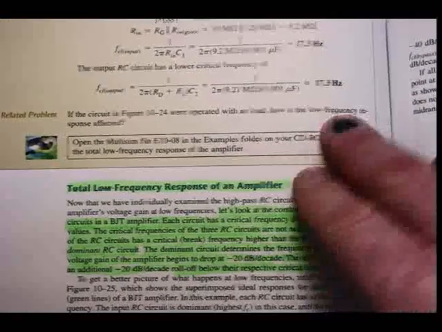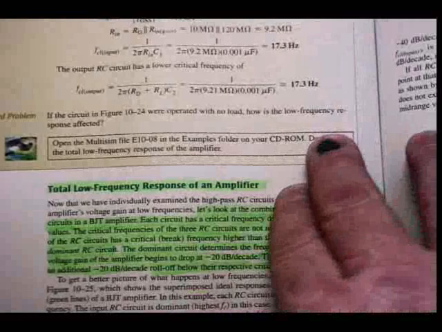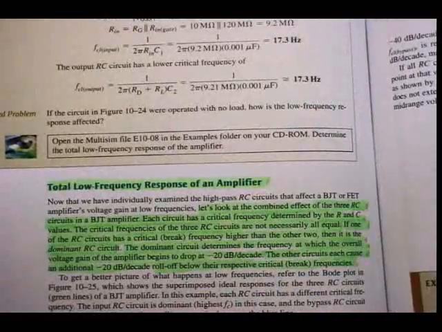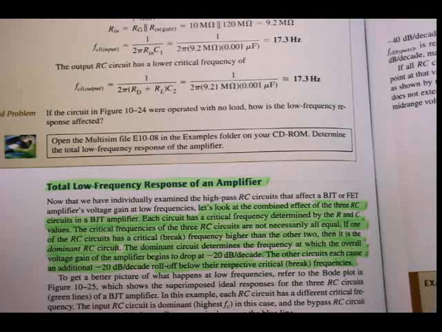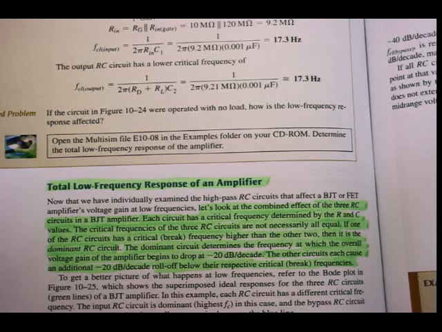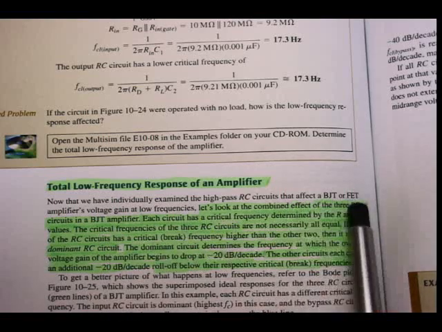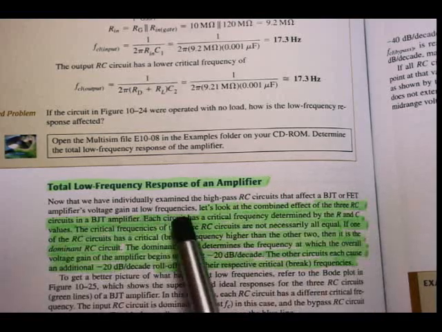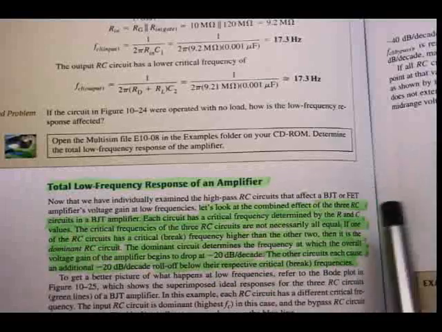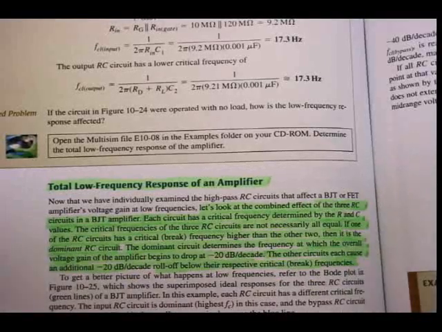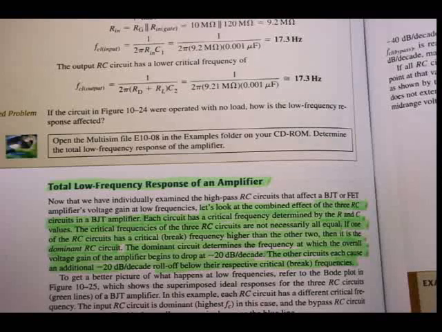Alright, so it summarizes what I've introduced you to so far. It says, now that we have individually examined the high-pass RC circuits that affect a BJT or a FET amplifier's voltage gain at low frequencies, let's look at the combined effect of the three RC circuits in a BJT amplifier.